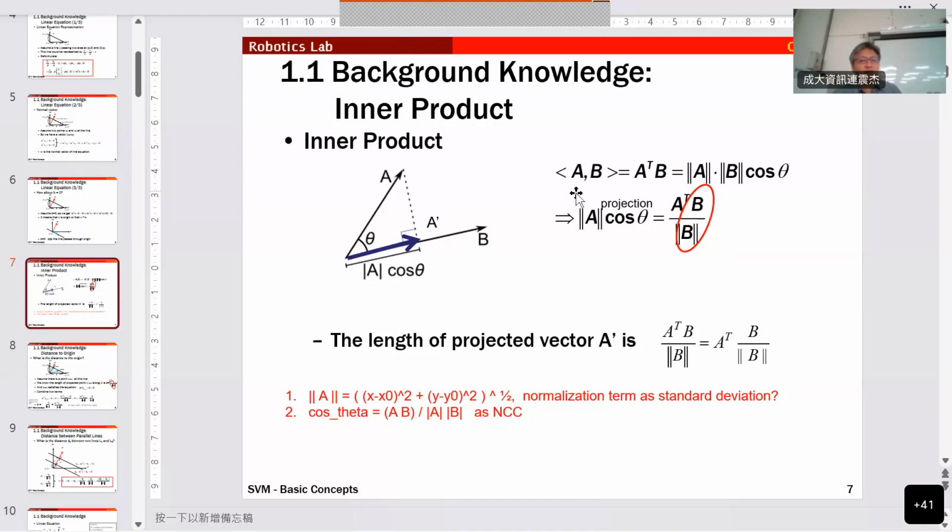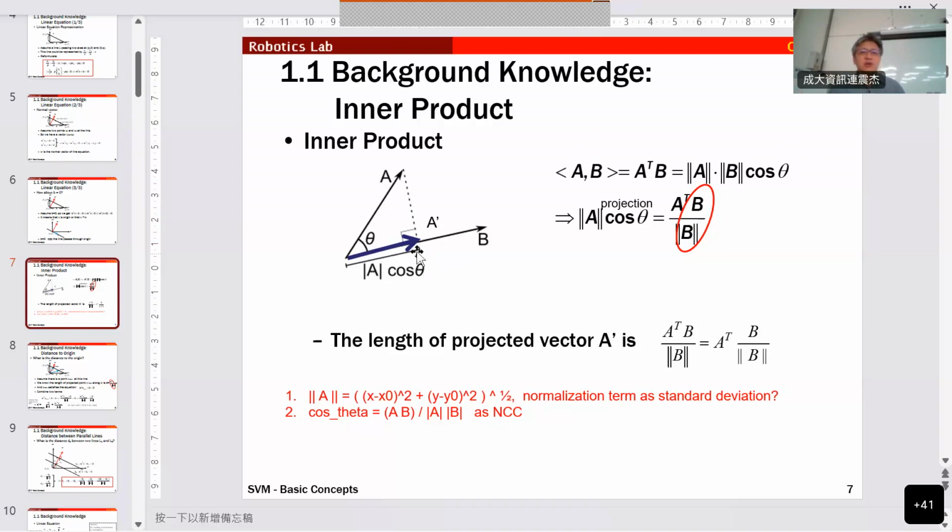The physical meaning of the inner product of A and B is the relationship between two vectors, their correlation. The relationship means the similarity.